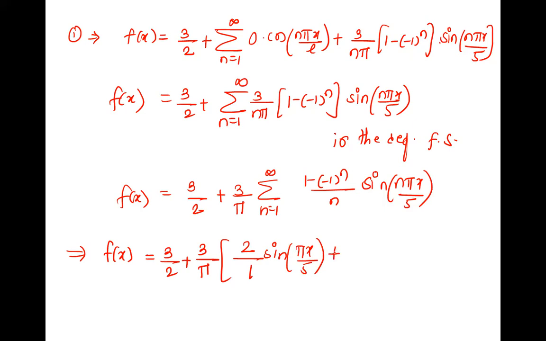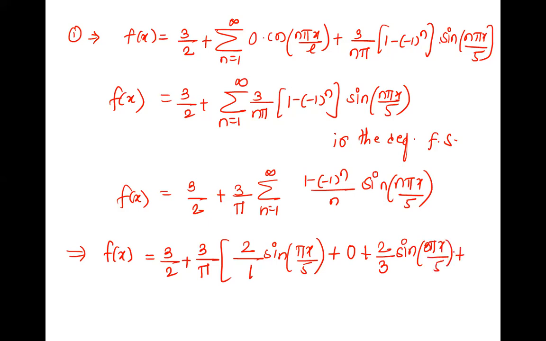Plus, if n is 2, what will be the value if n is 2? Minus 1 square plus 1, 1 minus 1, 0, 0 into anything 0. What will it be if it is 3? If it is odd, this value becomes 2, and if it is even, the value becomes 0. So it is 2 by 3 sine 3 pi x by 5.